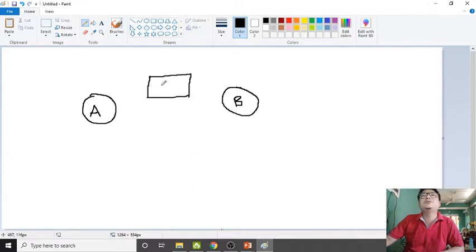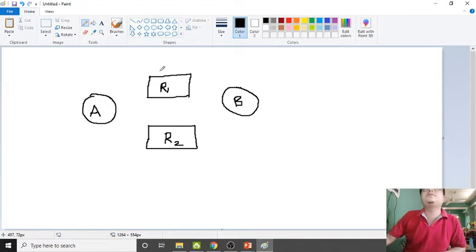Say for example, this resource is R1, and there may be many other resources of different types. Another example of a resource is R2. Some examples of a resource like R1 could be your keyboard or your printer, or another example could be a memory device.